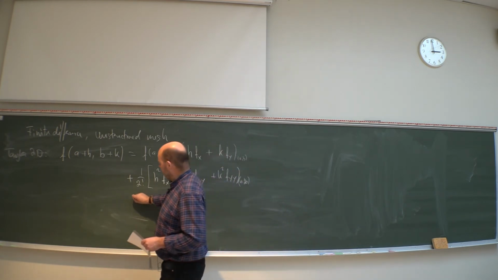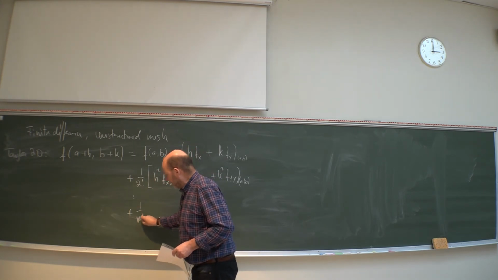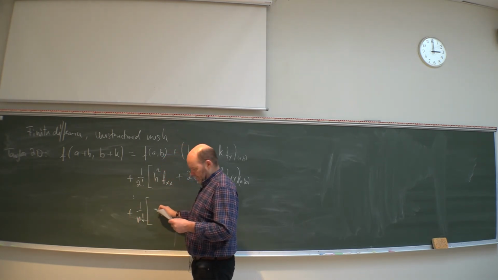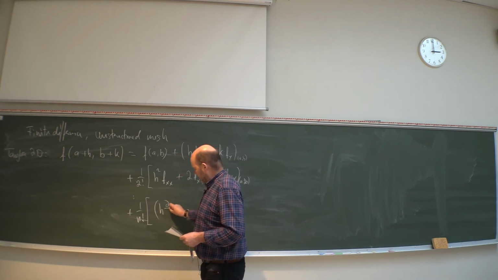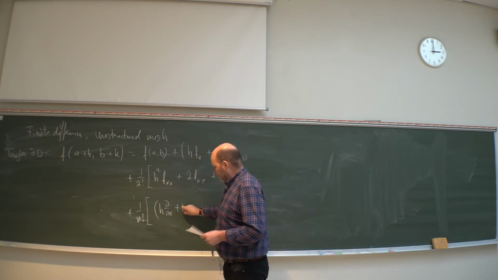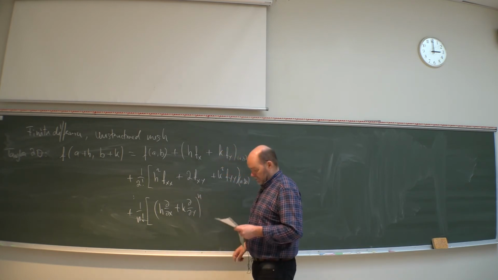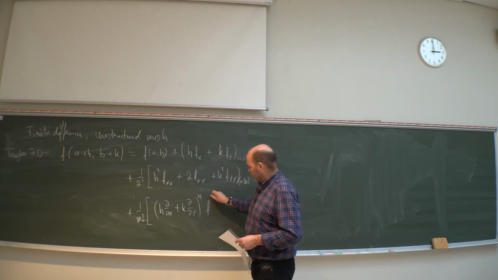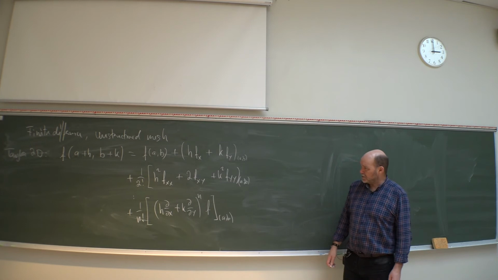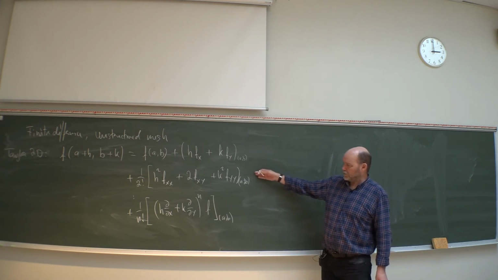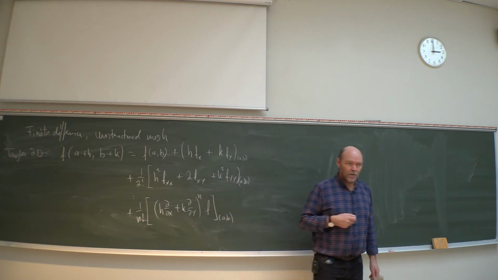And then you can continue for completeness if you want the general recipe, 1 over n factorial. You will then have an operator here, h d/dx plus k d/dy to the power of n, operating on your function f at the point a, b. So you see, extending Taylor to more than the second term here is going to get more and more messy, of course. But it's possible.